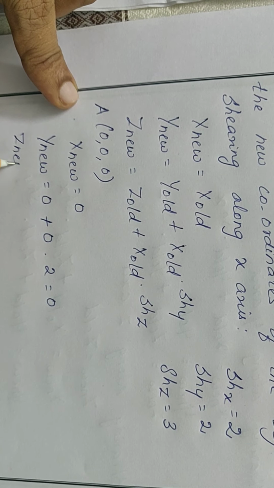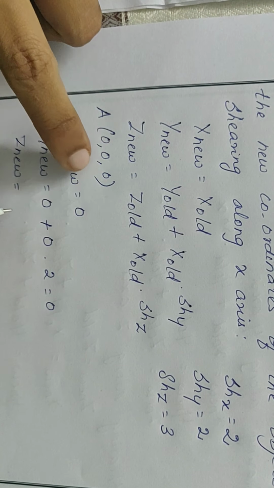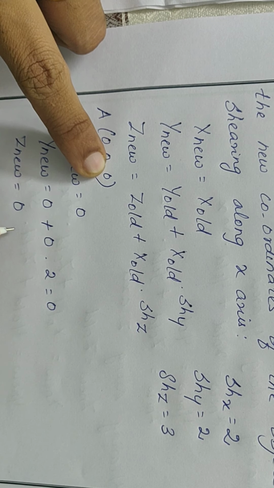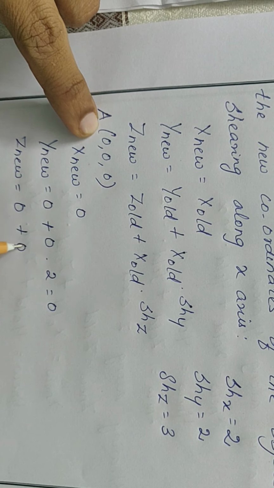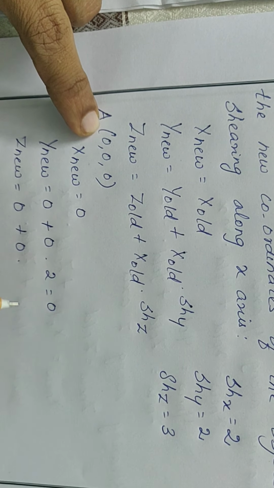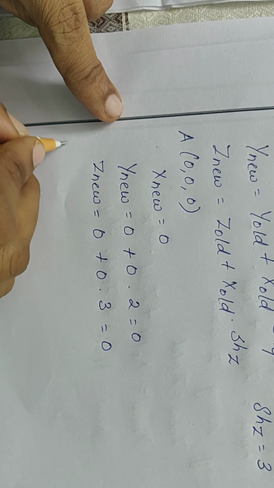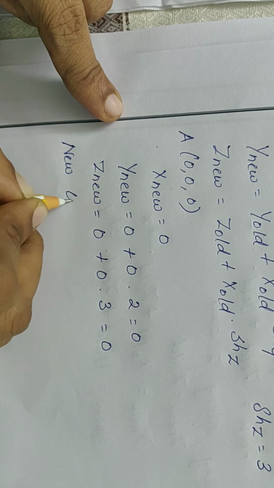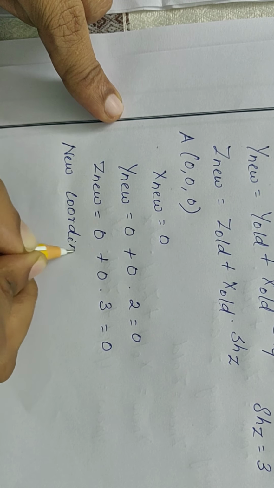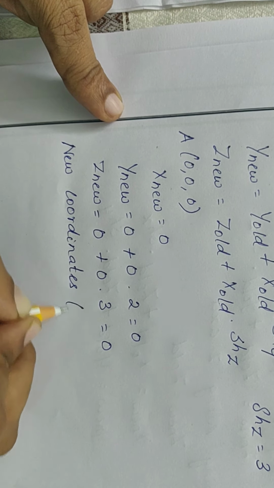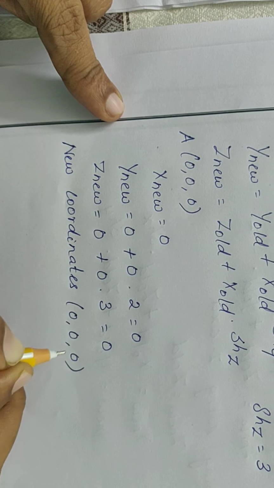Z new is equal to z old, which is 0, plus x old, which is 0, into shear factor along the z axis, which is 3. So the new coordinates will be 0, 0, 0.